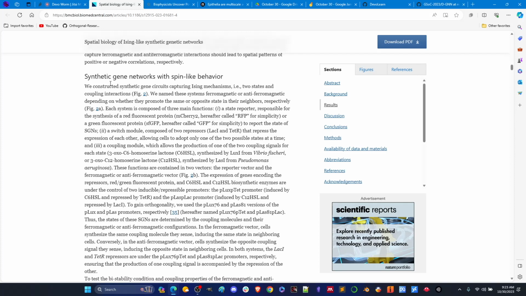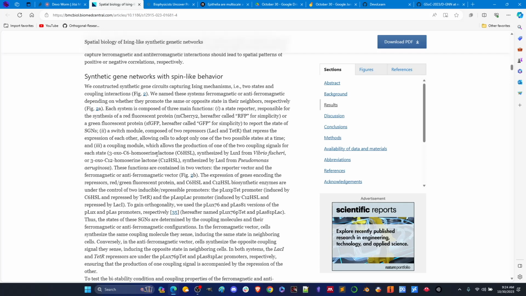the SGN, or the synthetic gene network, consists of this reporter, a state reporter, and a switch module, which has two repressors, LacI and TetR, that repress expression of each other. So it's mutual repression, allowing cells to adopt only one of the two possible states at any one time. Then there is a coupling module, which allows the production of one of the two coupling signals for each state.